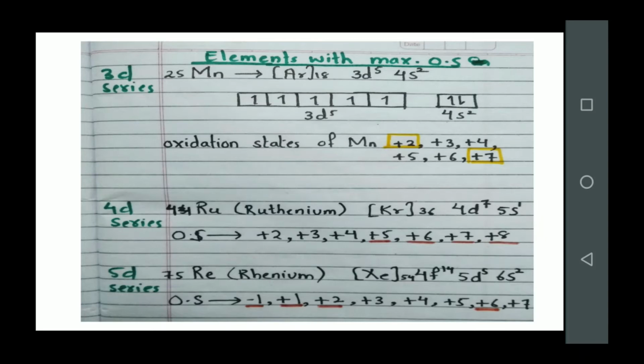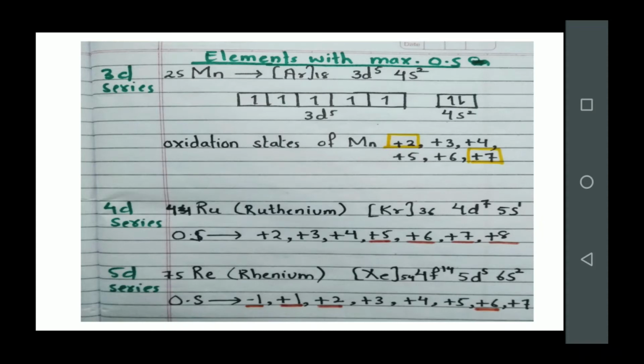So when electrons are in the unpaired state, their chances of participation in bonding are more. Okay, so you can see here that manganese exhibits 6 different types of oxidation states ranging from +2 to +7. Out of these 6, +2 and +7 are the most common oxidation states of manganese.